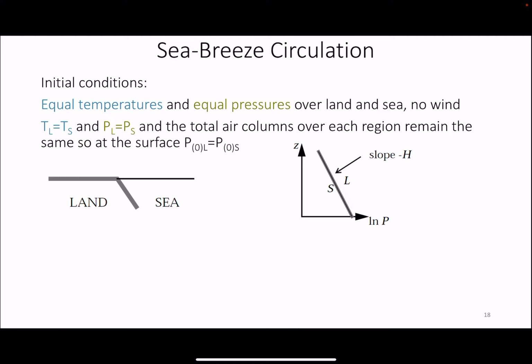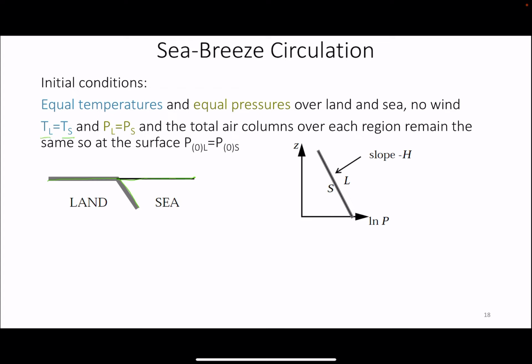Okay, so I'm going to step through this example where we have our nice model parameterized. This is our sea here, and then this is our land. So you have to use your imagination in this diagram. And so in the initial conditions, the atmospheric temperature over land and atmospheric temperature over the sea are completely equal, which I've denoted here as temperature land and temperature sea, so they're equal.